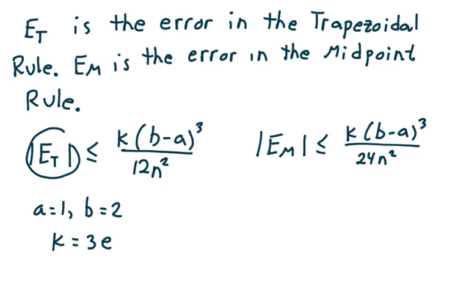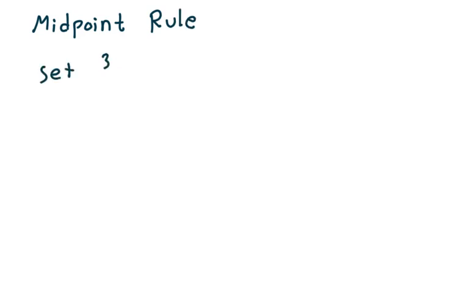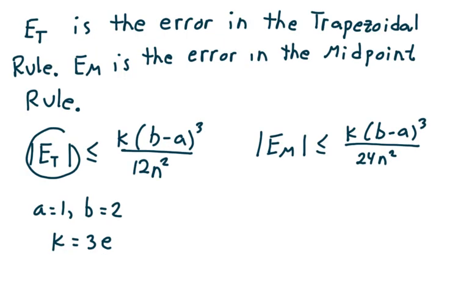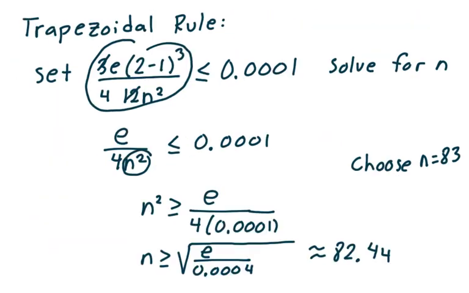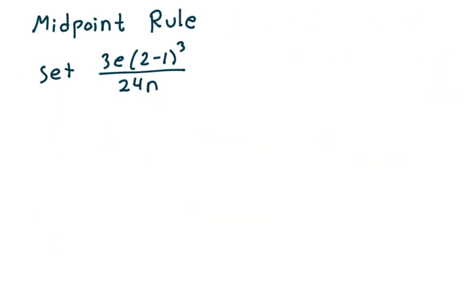And I'm going to do the same thing for the midpoint rule. So for the midpoint rule, I'm going to set 3e times 2 minus 1 cubed divided by 24n squared, right? That's for the midpoint rule.